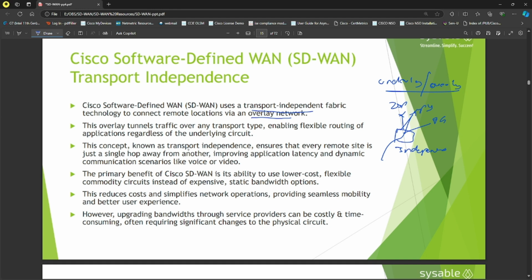Now this concept is known as transport independence. The overlay tunnels traffic over a transport type, enabling flexible routing of applications regardless of the underlying circuit. Let's take a small example of how things work. This is my branch device, which is connected to the ISP, and there is another branch device.